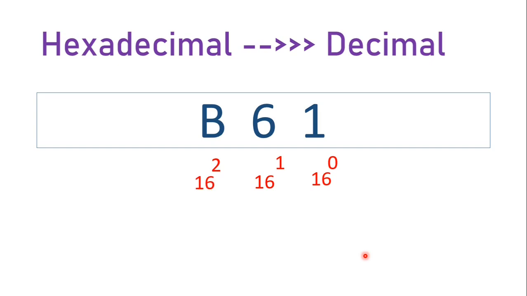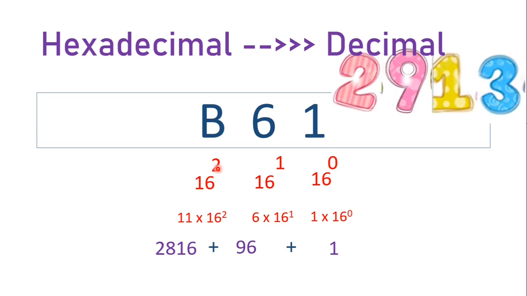And in the next step, we have to calculate 1 into 16 raised to power 0, 6 into 16 raised to power 1, and B is 11. So it is 11 into 16 raised to power 2, and then we need to calculate the sum. When we calculate the sum, we would get 2913, which is the decimal equivalent of the hexadecimal B61.